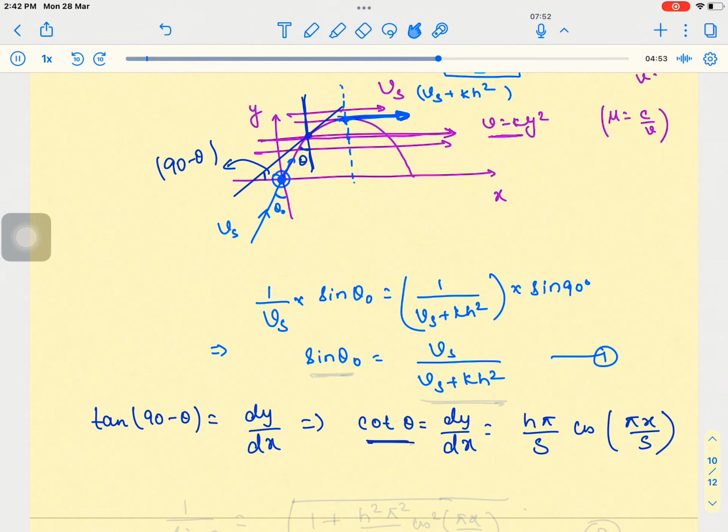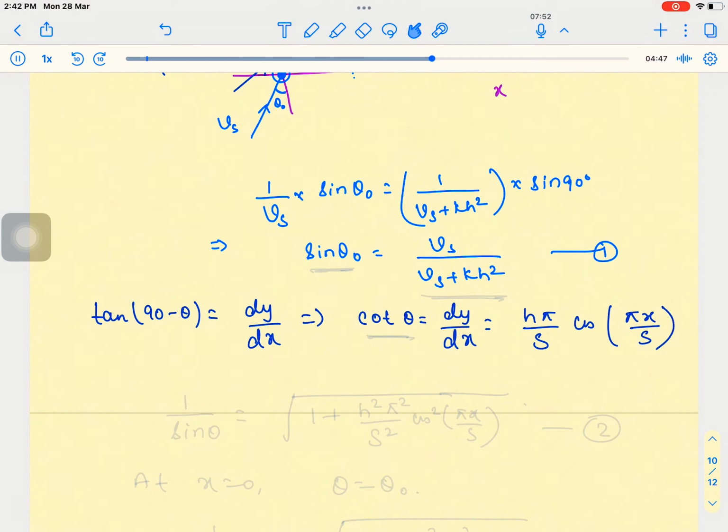So from here, if I find out the sine theta value, 1 by sine theta, that is cosecant theta, is equal to root over 1 plus cot square theta, 1 plus cot square theta cos square pi x by s. Now call it equation 2.